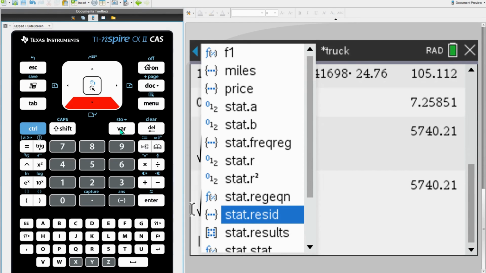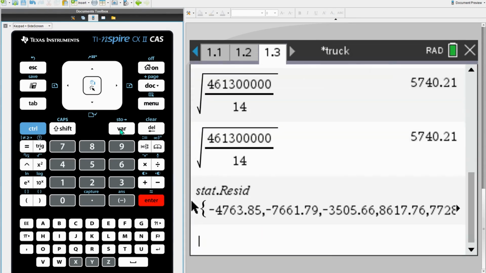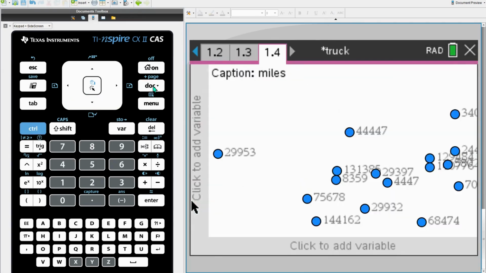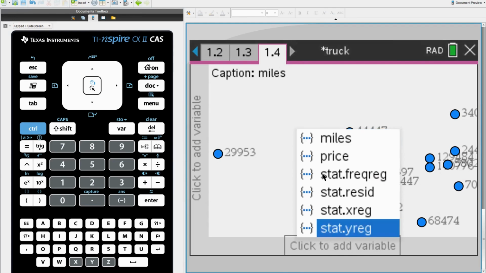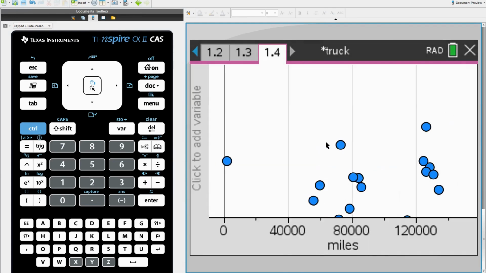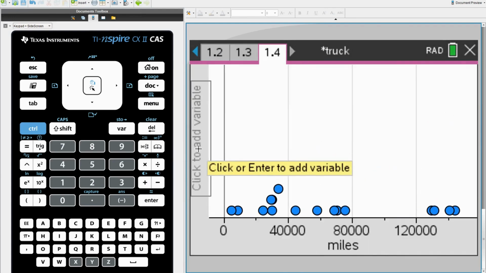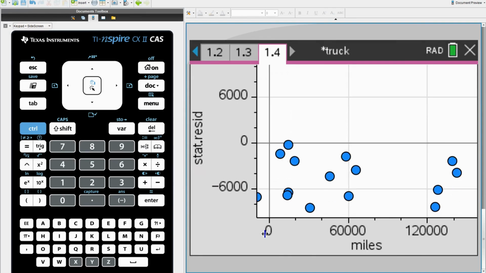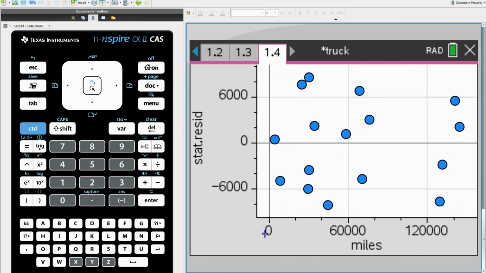We actually have in our possession all the residuals for every data item in our data set, which means if I add a page, let it be a data and statistics page, I could say what I want to see is my X data, our miles data, graphed against our residual data. And that is our residual plot.